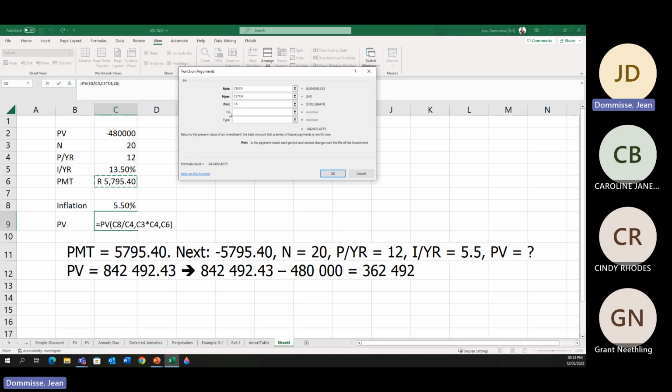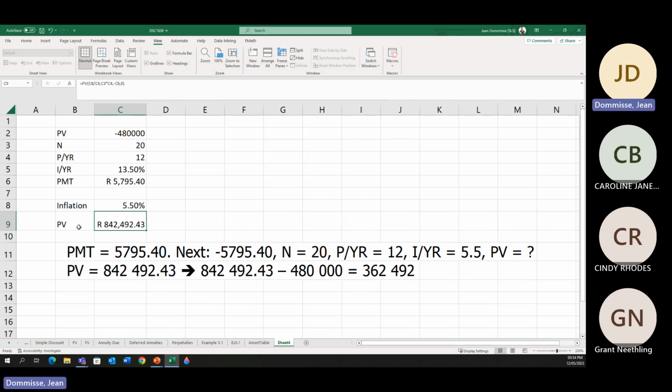Okay, it doesn't make it negative, so let's just make it negative in front. Future value is 0. So your present value of that would be 842,492.